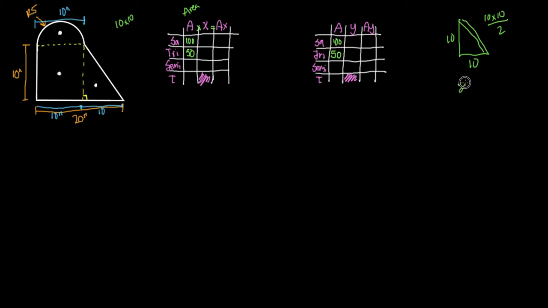Semicircle area is going to be pi r squared, so pi times 5 squared, so pi times 25. And we're gonna get about 78, I believe, but that's a whole circle. We have to cut that in half, so we have to take that number and divide by 2. So we're gonna get about 39.3.